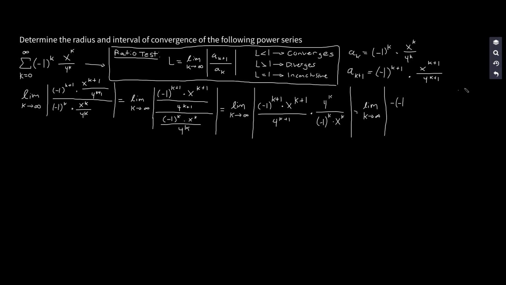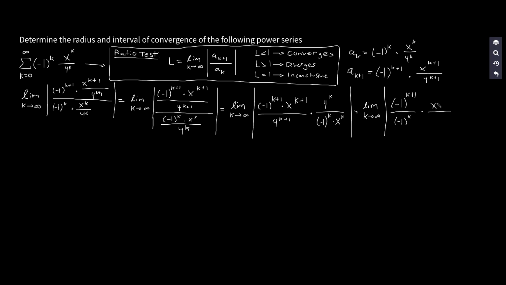Wait. -1 raised to the power of k plus 1 over -1 raised to the power of k, times. So these bases are gonna go together. We'll do the x's next.